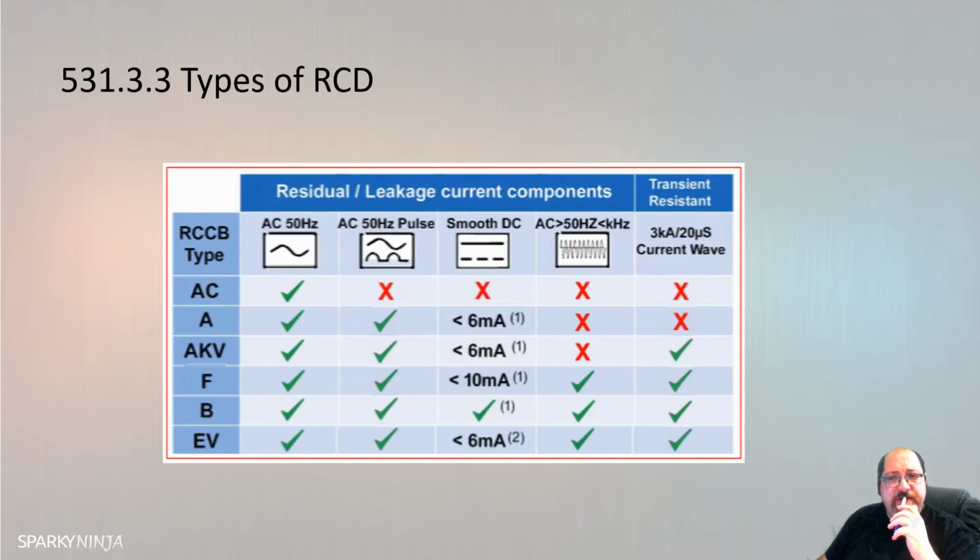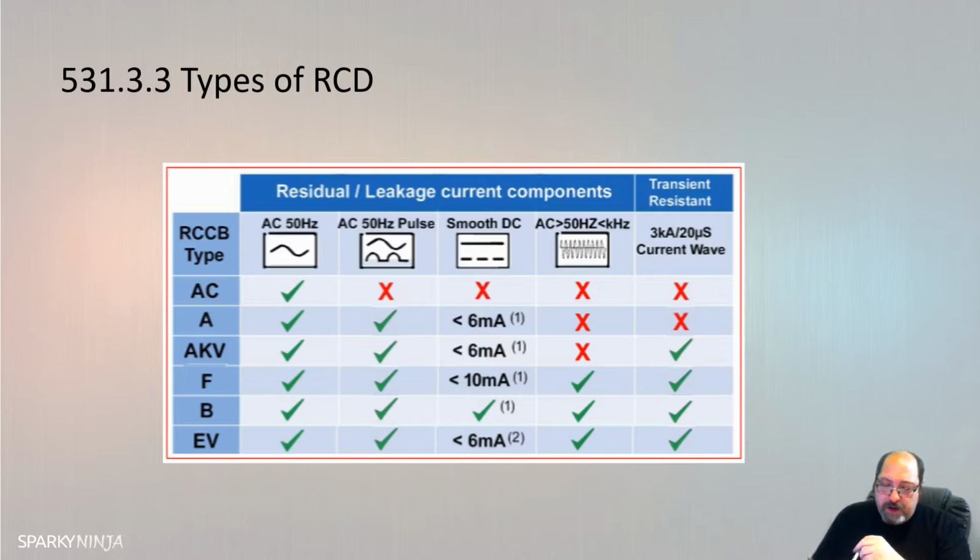It actually specified a Type B RCD. Obviously, the house fuse board change just went with the AC, but I think it may have been A, but I think it was B. It actually specified a type of RCD because of the consideration of the smooth DC leaking through the rectifier.